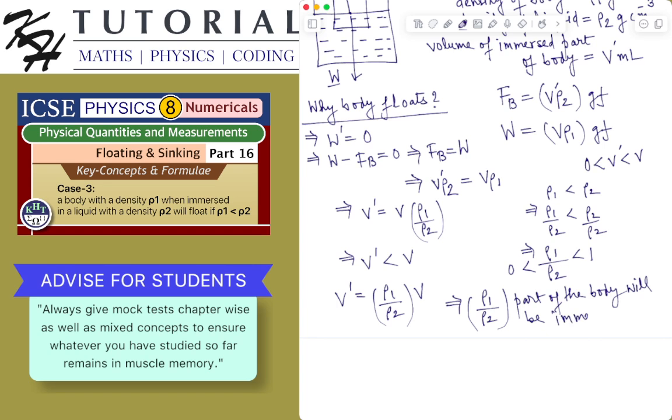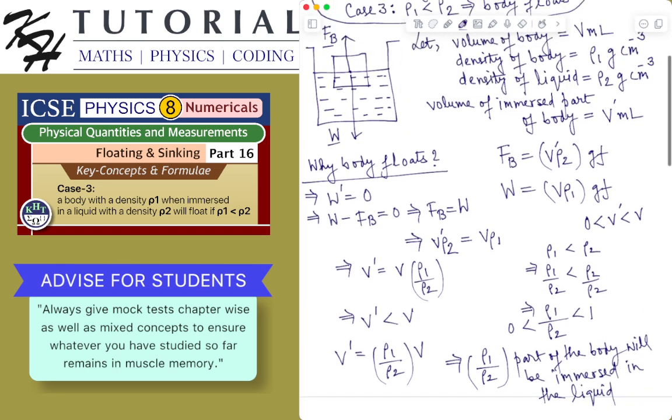This much fraction of the whole volume will be immersed in the liquid. This is the important information to note.